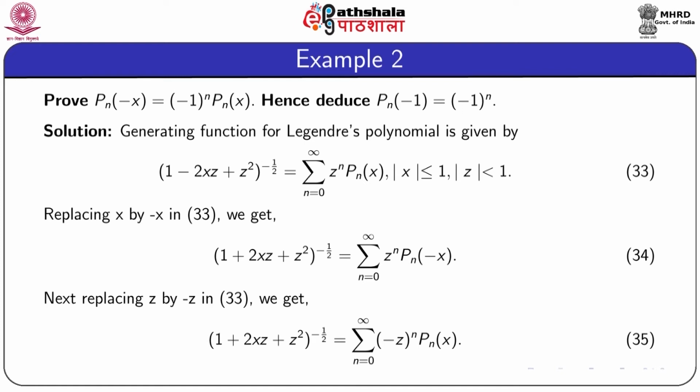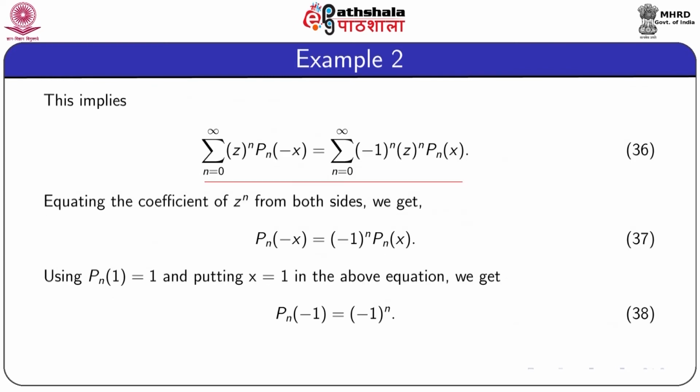So, we equate the right hand sides from equation 36 and equation 37, and if you do that, you will be getting equation number 38. The left hand side is summation z^n P_n(-x), and the right hand side is summation n equal to 0 to infinity (-1)^n z^n P_n(x).